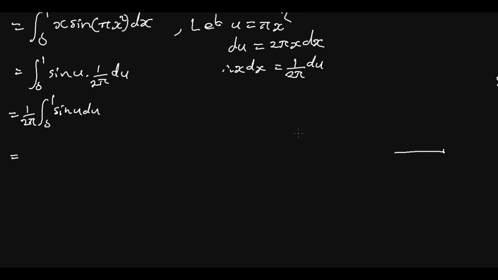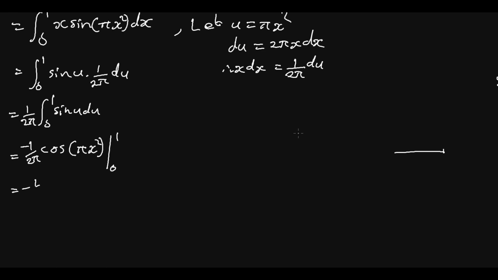Okay, so we have 1 over 2 pi. The integral of sine is cos function, it's cos u. Our u, remember, is pi x squared. You have to apply the limits. But this is a negative, so it's a minus cos function.